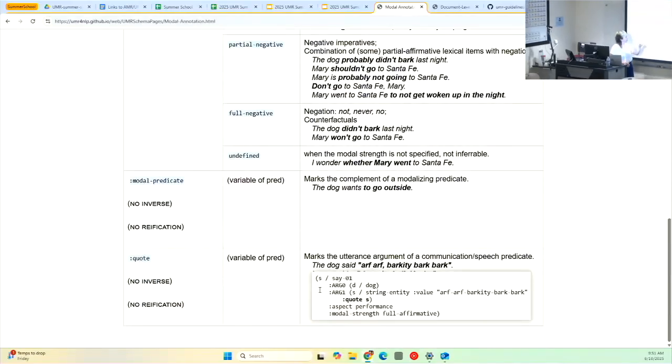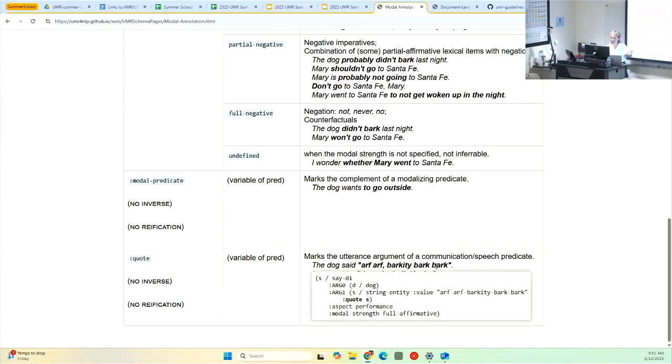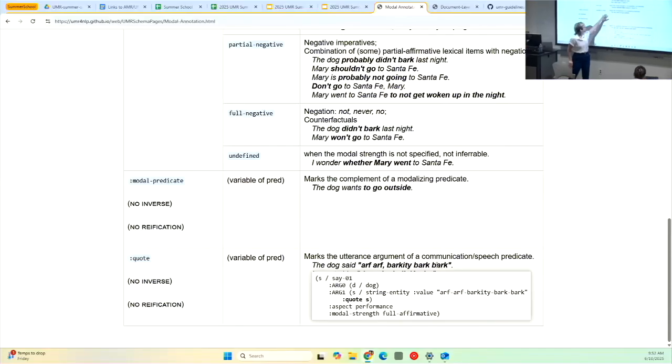And then the other thing, this works very much like the modal predicate. If you have a quote, so this gets into the cognizers. If you're quoting somebody, the thing that they say becomes a thing that they have an attitude about. So it's just the same as this one.